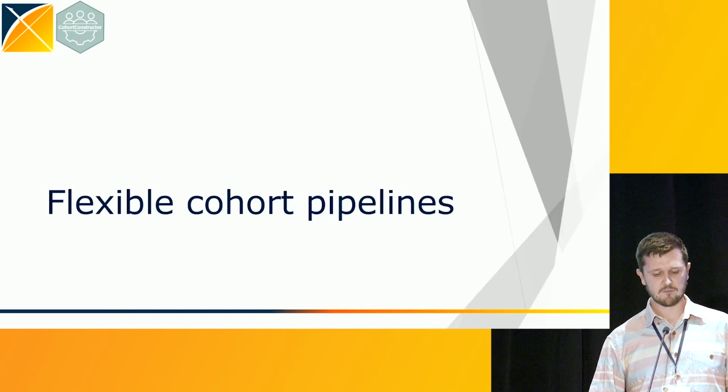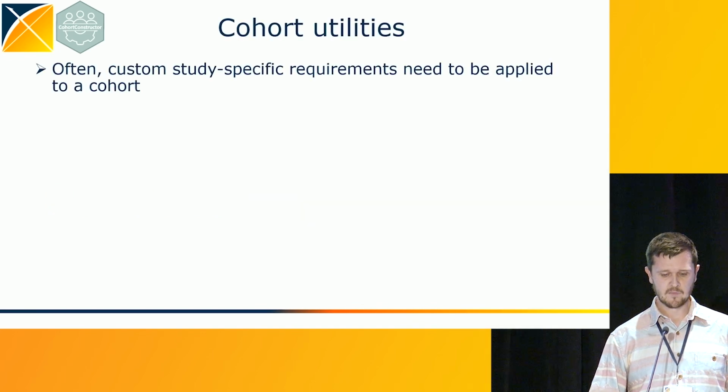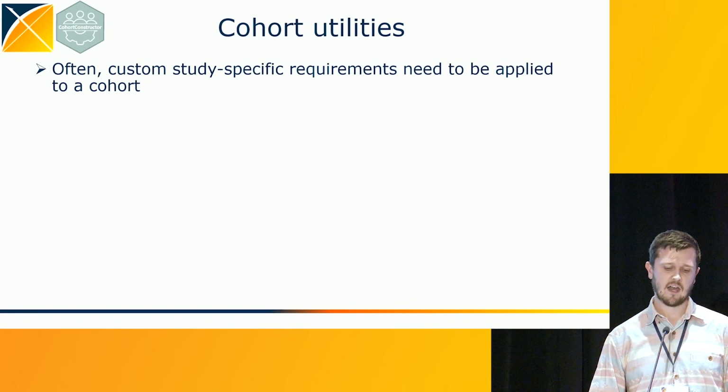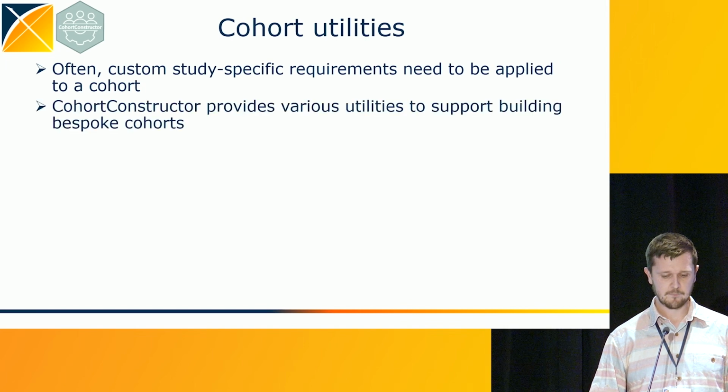Under this approach, you often end up with programmatic pipelines to build these cohorts. So what that needs is lots of utility functions to facilitate doing whatever you can think of to your cohort.